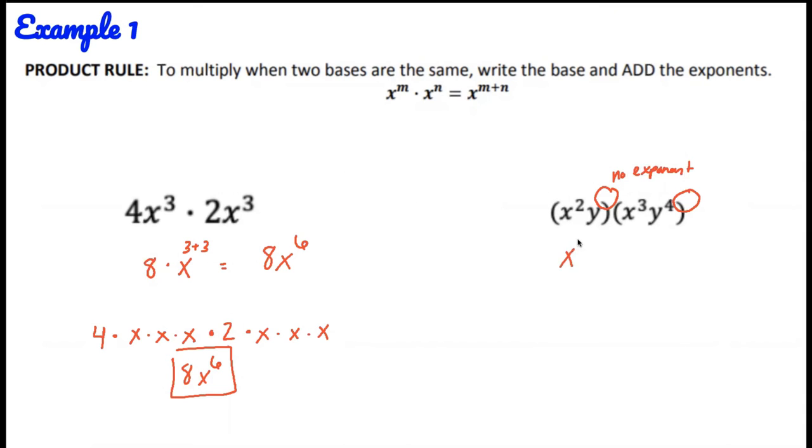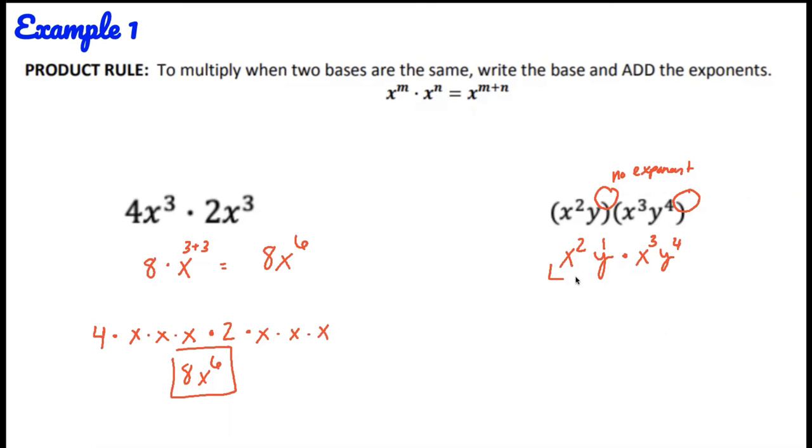So let's write x to the power of 2, y to the power of, whenever it's not present, we automatically write a 1, because one y is present, multiplied by x to the power of 3 and y to the power of 4. I'm sorry if I said x instead of y before. I apologize. All right, so we're going to treat it very similar to this. We're going to keep the bases, add the exponents together.